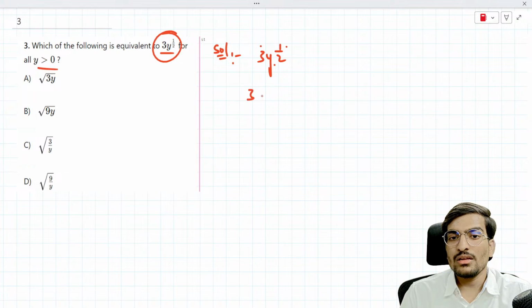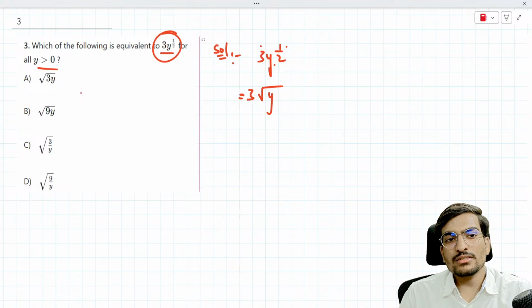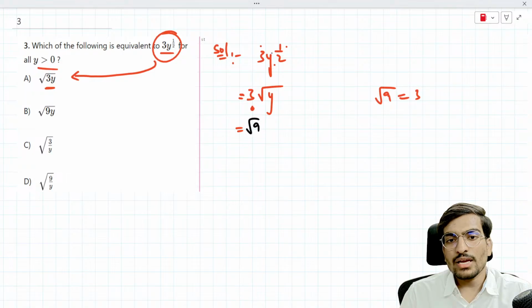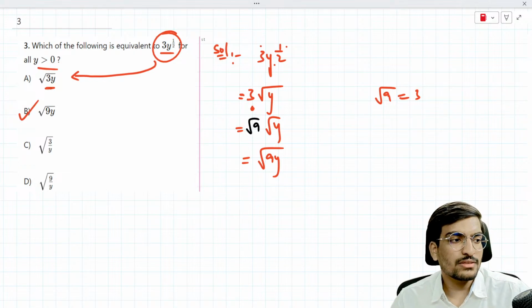So 3 root y, but that option is not there. It's kind of confusing. There is a trap here: clearly root 3y is tempting to select, but it is not correct. Actually this 3 can be written as root 9, whose value is 3. So in place of 3 we can write root 9, and the other one is as it is, root y. So we can write root 9y, and that is available in option B. That's the answer.